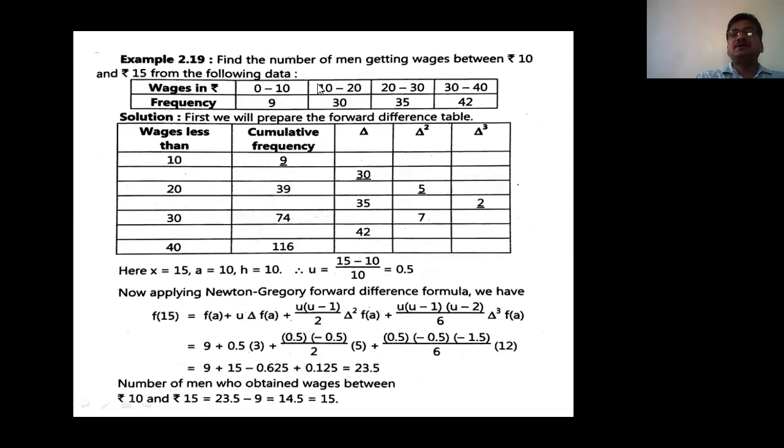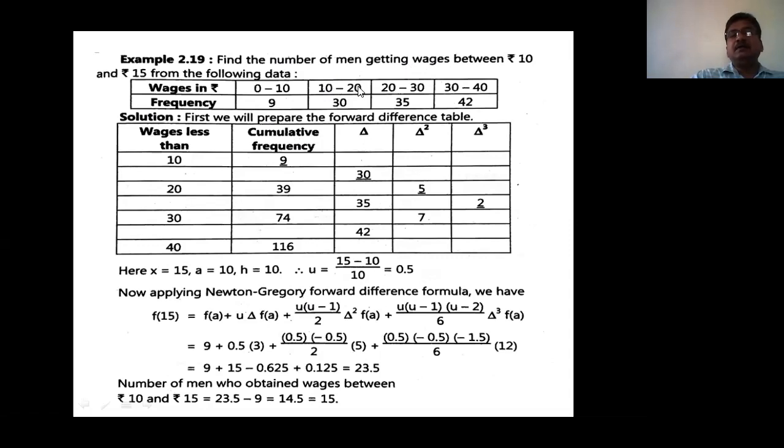Next problem on the same formula, that is Newton's forward difference formula. The table is given. Find the number of men getting wages between 10 and 50. So how many men get wages between 0 and 10? 9 men get wages between 0 and 10.